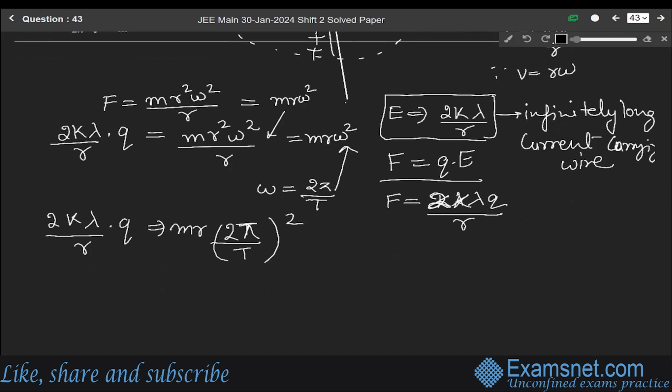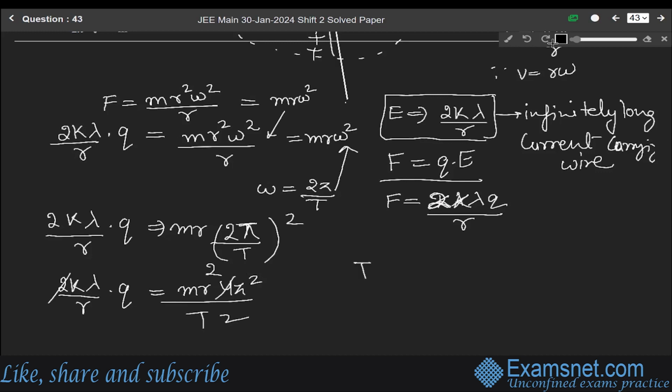So 2k lambda over r into q will be equal to m r 4 pi square over T square. So 2 twos are 4.